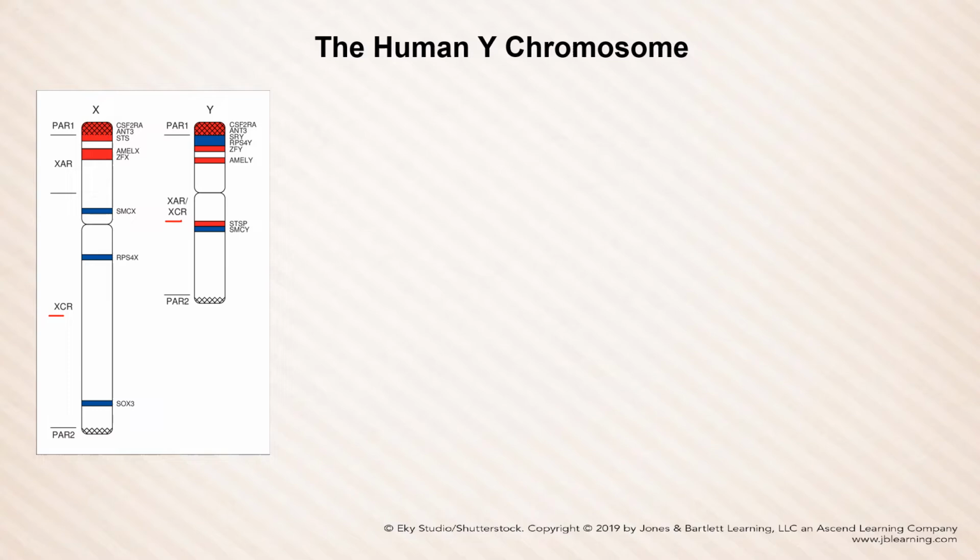And why? Because, as you know from the evolution of the X and the Y chromosome, those regions are still regions for recombination. They are called the pseudoautosomal regions.